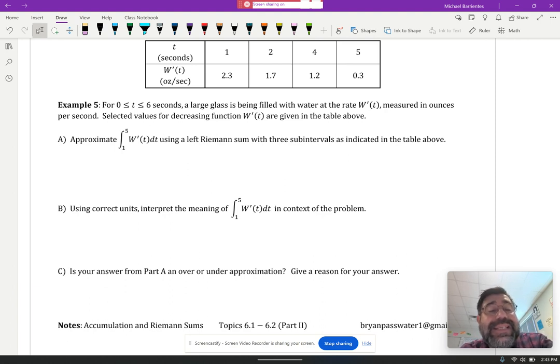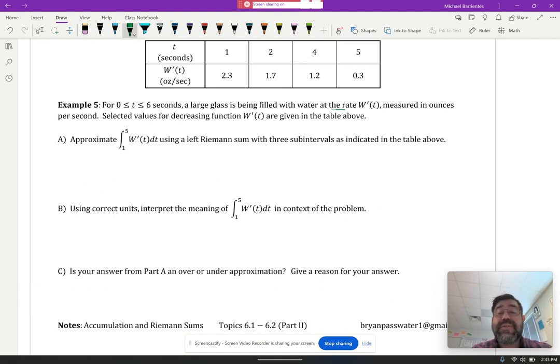Between 0 and t seconds, a large glass is being filled with water at the rate w prime of t, measured in ounces per second. Selected values for decreasing function w prime of t are given in the table above. Okay, so they give us a couple of pieces of information. They tell me what w prime of t measures.